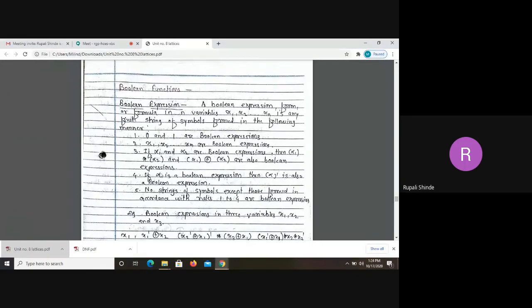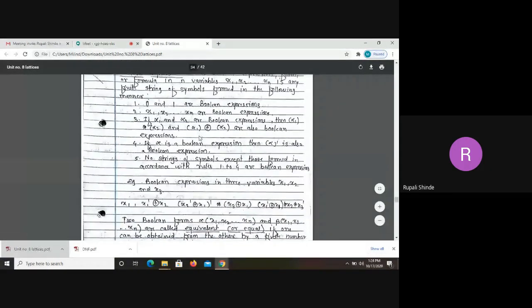Why these operations? Because these are the operations we have defined on Boolean algebra. And if alpha is a Boolean expression, then alpha's complement is also a Boolean expression. A string formed according to rules 1, 2, 3, 4 is also a Boolean expression. So this is the definition of Boolean expression.